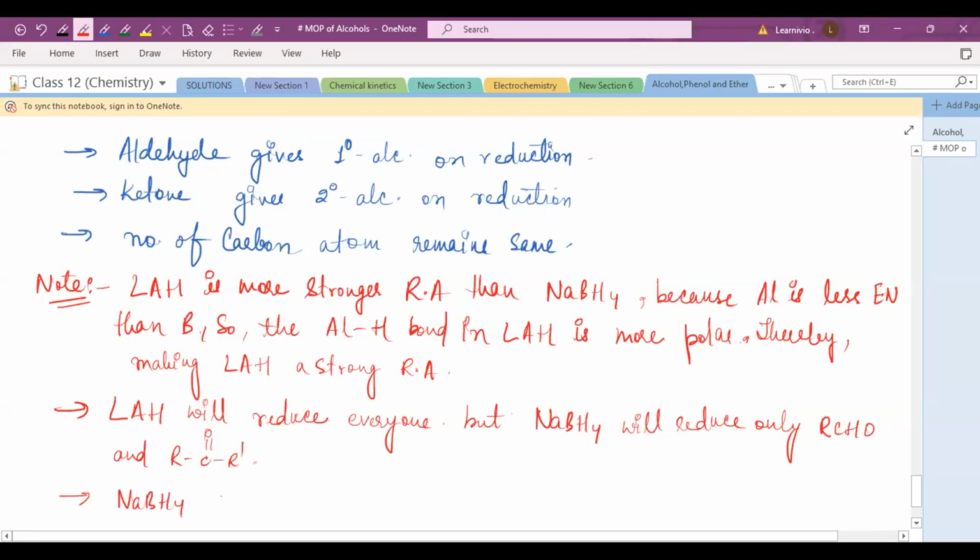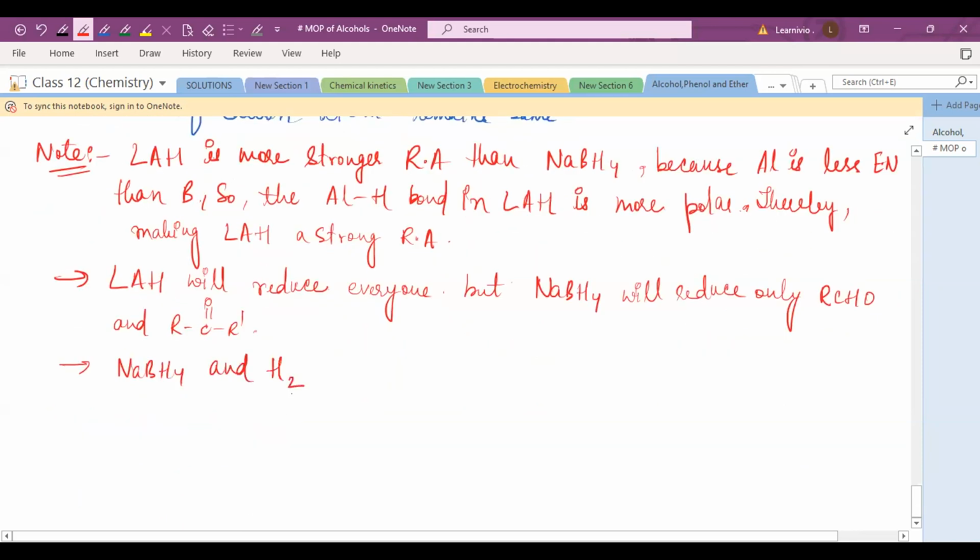NaBH4 and H2, right? H2 means catalytic hydrogenation, in the presence of a catalyst. Write here: carboxylic acid to alcohol.